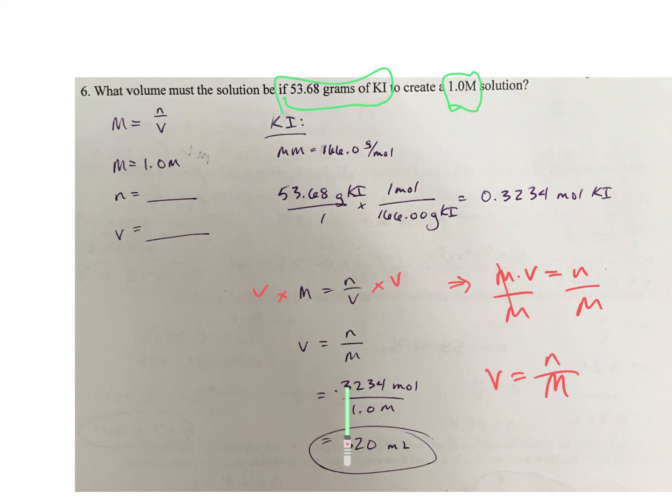After you rearrange to put moles on top and molarity on the bottom, if you solve for this number, you end up with 320 milliliters. When you do it on the calculator, you may get 0.32 liters. Those two things are equivalent, so either answer is fine.